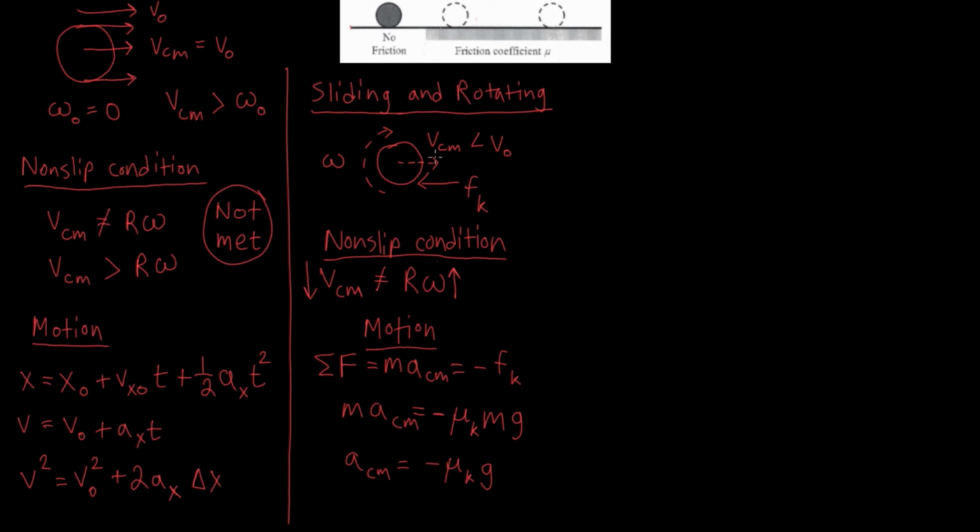But now, since the object encountered the rough surface with friction, the force of kinetic friction is going to oppose that velocity of the center of mass, and it's going to decrease that velocity. And so the final velocity of the center of mass is going to be less than the initial velocity, because the frictional force is the force that's opposing the velocity of the center of mass.